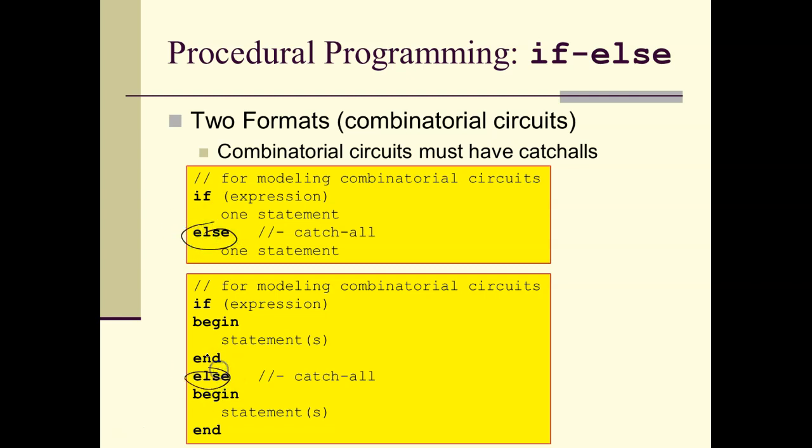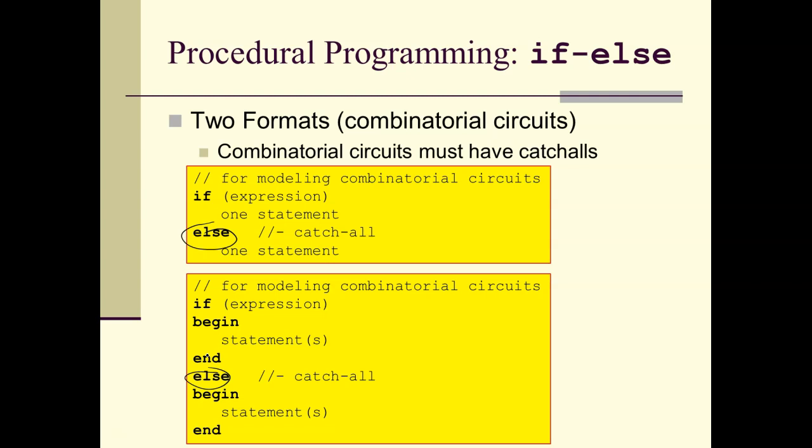So both of these formats here always have an else statement. The else forms a catch-all. Now, when I'm modeling combinatorial circuits, they always, generally speaking, have to have a catch-all. So, for example, if this if didn't have an else, it would probably not be a combinatorial circuit. It would be some type of sequential circuit.